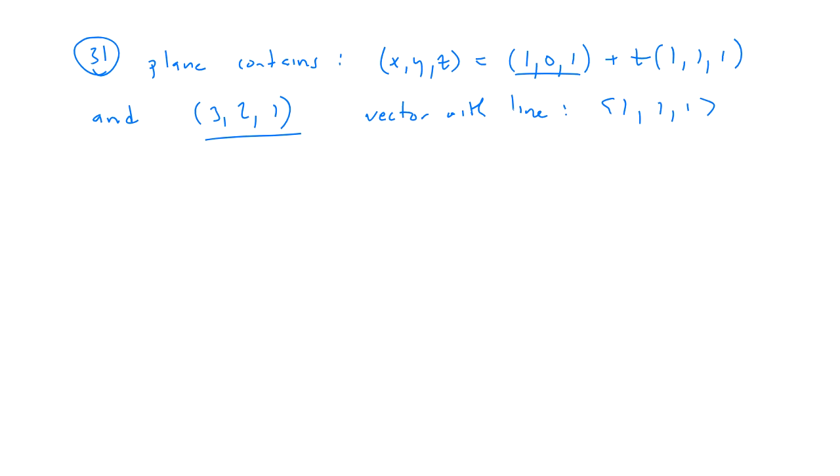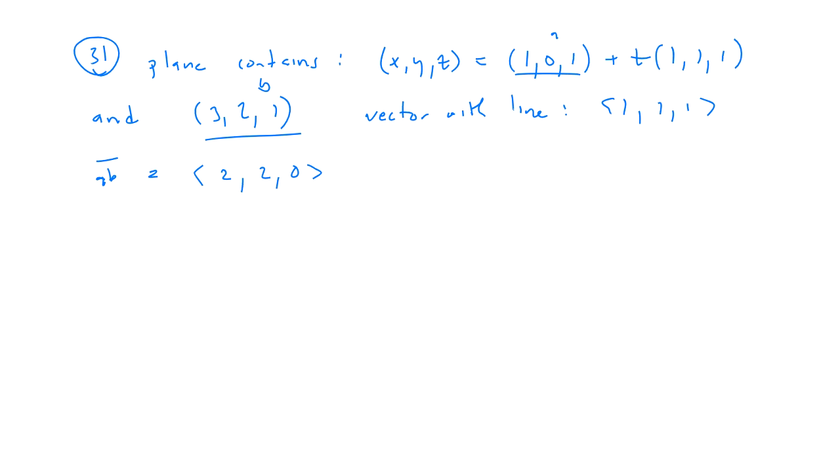So I don't want to multiply by a constant, because if I multiply the 1, 1, 1 by a constant, then it'll be parallel, so I won't get anything new. But if I go from 1, 0, 1 to 3, 2, 1, so if I call this A and this B, I get a vector that's both the line and the plane are in it. That vector is parallel to it.